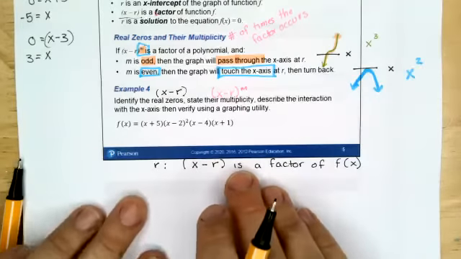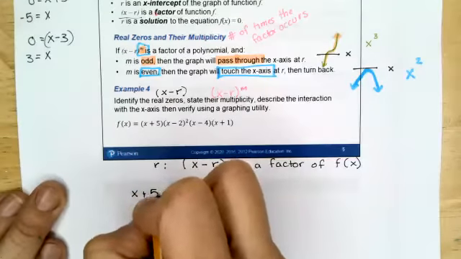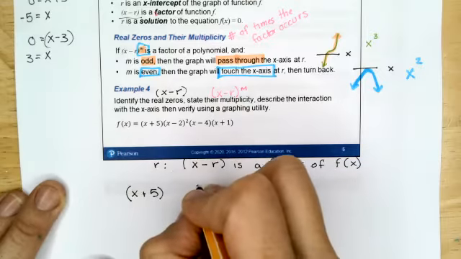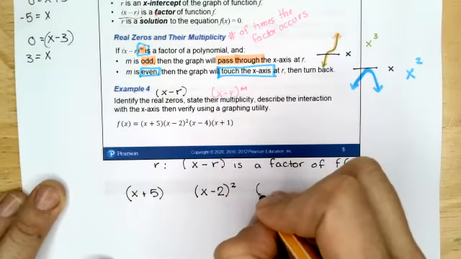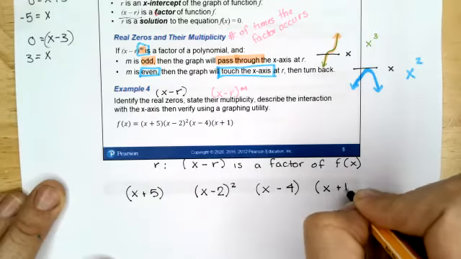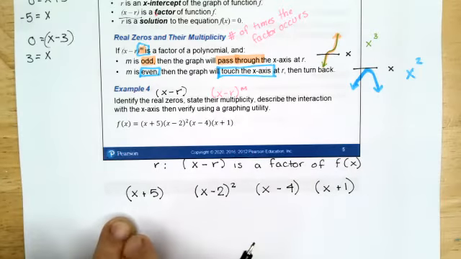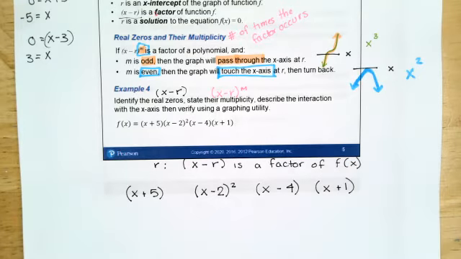Okay, so let's look at each one. We have x plus 5. We have x minus 2 squared. We have x minus 4, and we have x plus 1. I just picked out all of my factors of f of x.